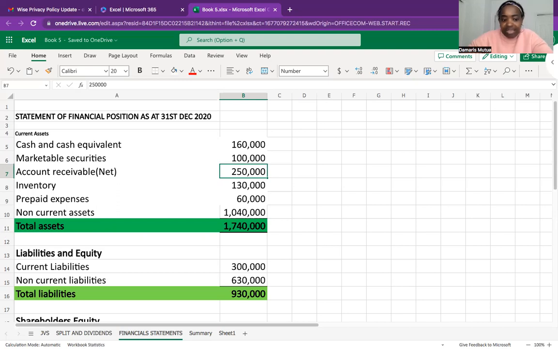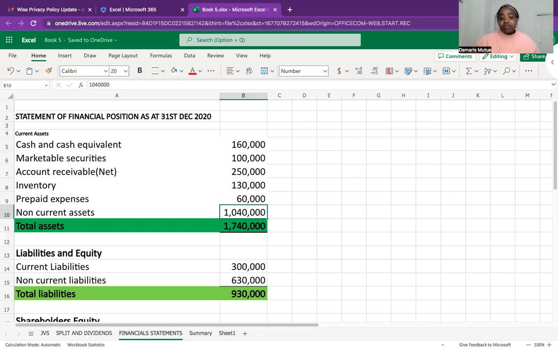We need to check the makeup of our inventory. What is sitting under inventory? Have we written off obsolete goods, damaged goods, to make sure that the balance that we are reporting is the right position? That is something we need to check as an organization to make sure that our inventory balance is correct.